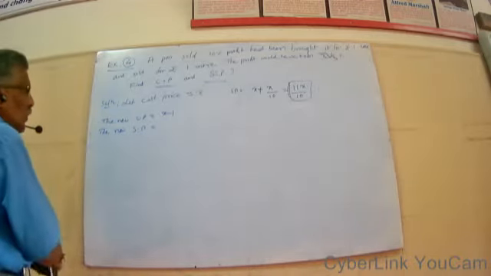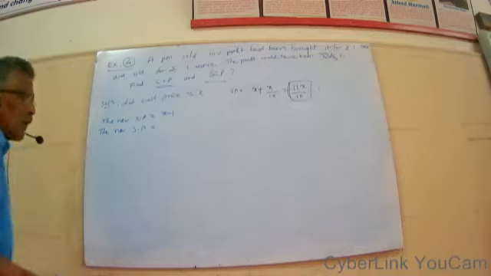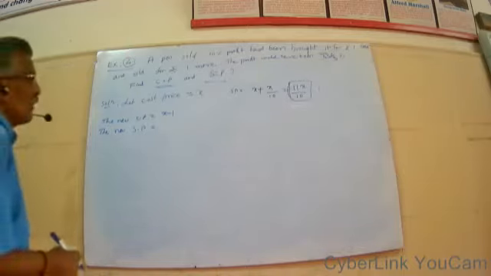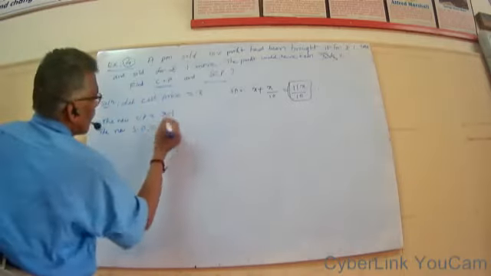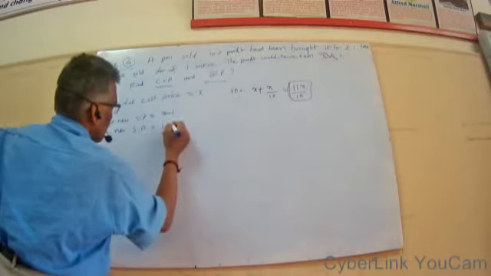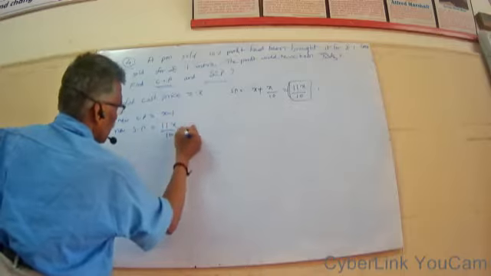The new selling price is 1 rupee more, so 11x divided by 10 plus 1.